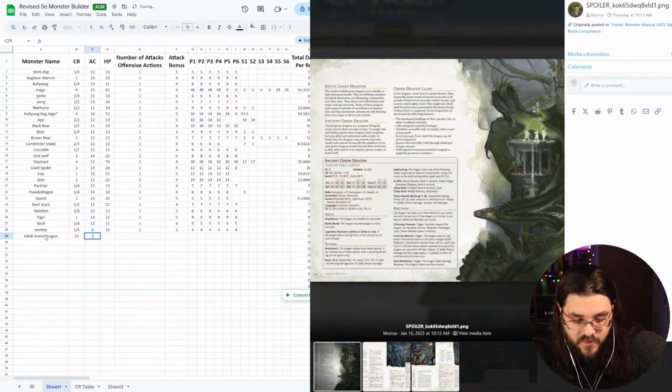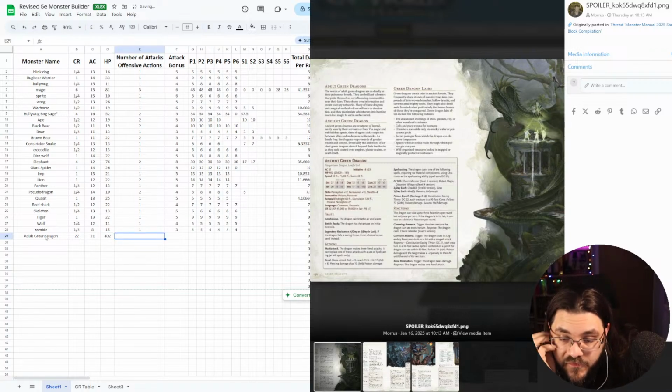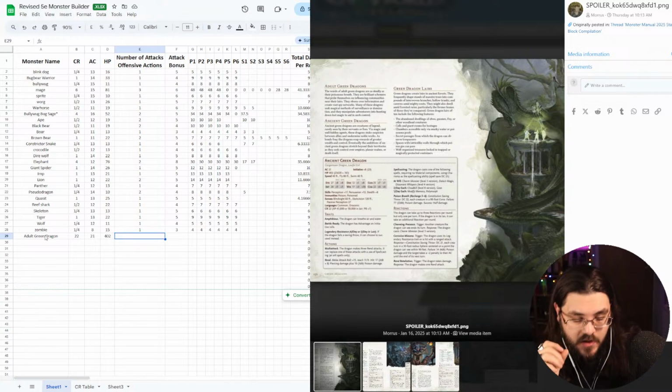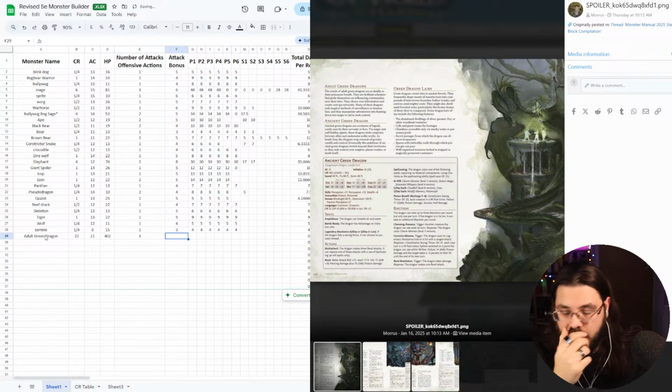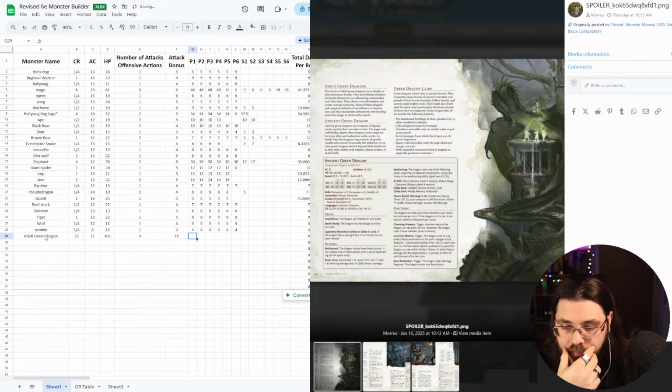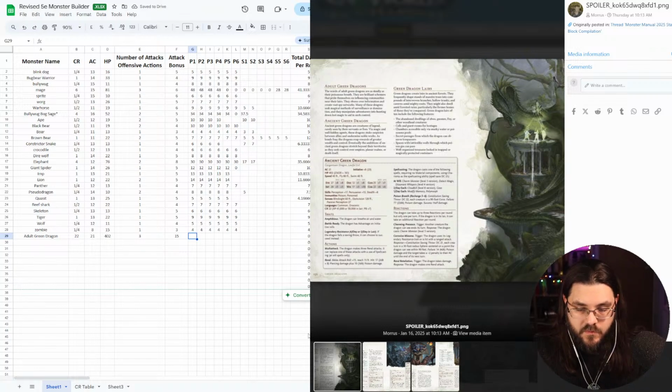It has an AC of 21, HP of 402. Its number of offensive attacks, it makes 3 rend attacks, and it can replace 1 of them with the use of spell casting. So it makes 3 offensive attacks. Its rend is +15, and that's 17, 27.